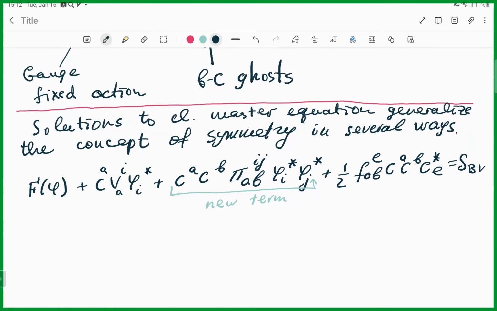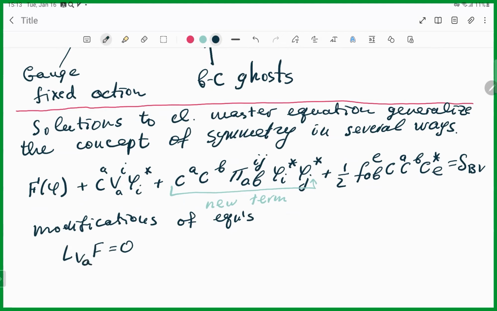In this case, there would be modifications of equations. Of course, there will be the equation L_VA of f equals 0.